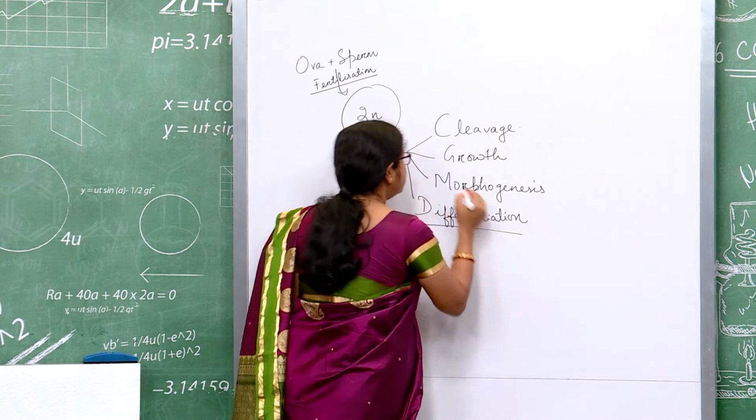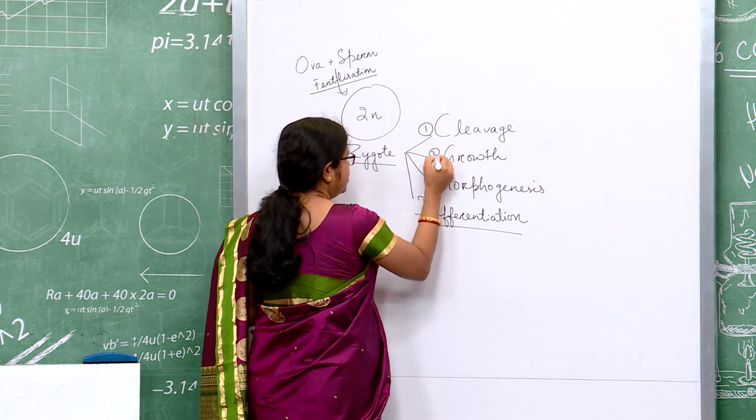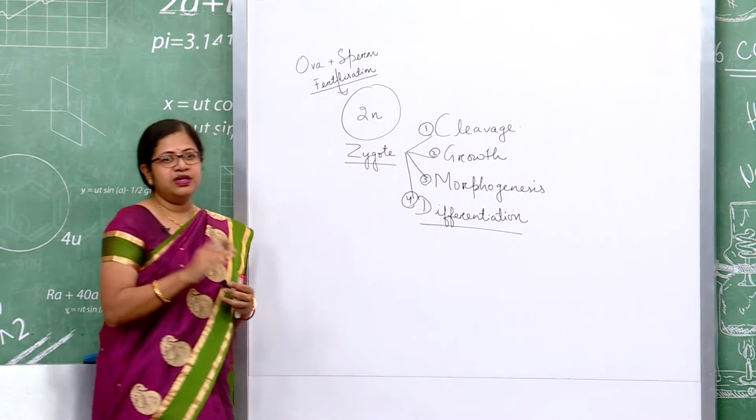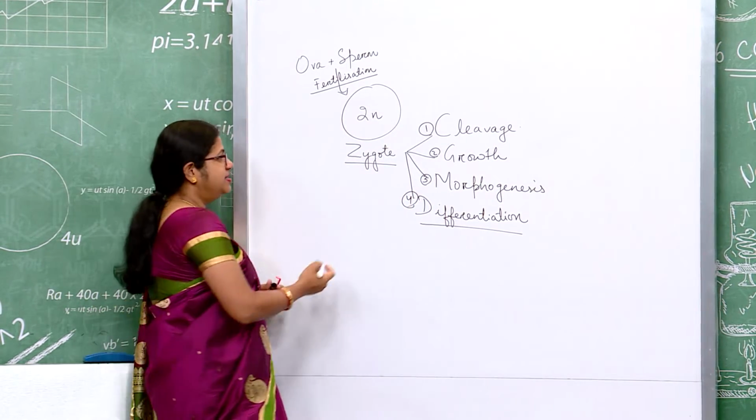So we have seen four aspects: cleavage, growth, morphogenesis and differentiation. What are all these? Let us start with cleavage.